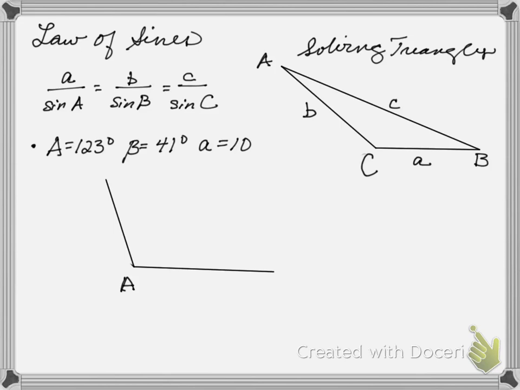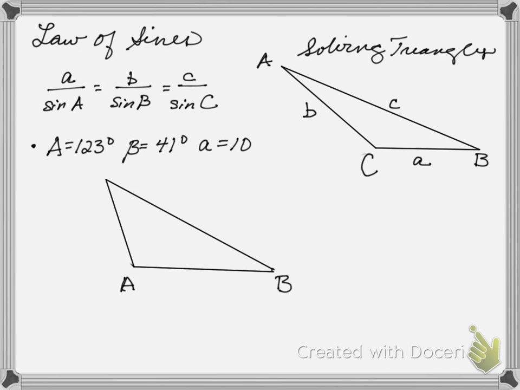Now I want angle B to be 41 degrees. I'm going to put that down on the right side here. So you see I'm going to take this angle here and I'm going to put it at about 41 degrees and then extend it until it meets the opposite side there. So let's see about labeling that.